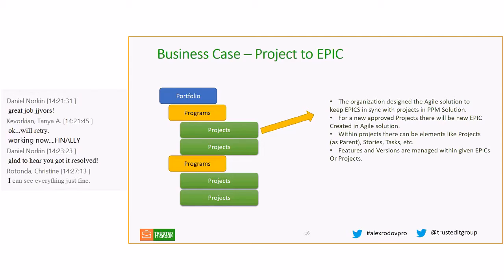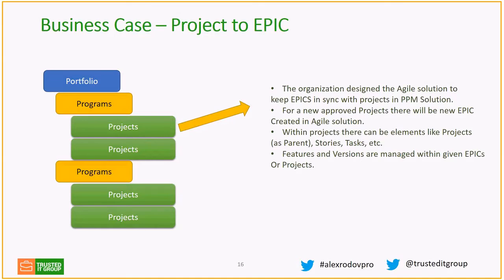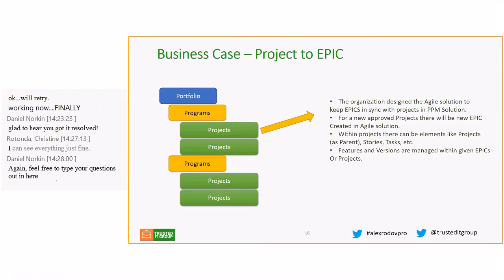At some point someone said, okay, let's at least put epics in order. Let's organize our epics so we can combine them into one project in our PPM system, where we need to control actuals, the budget, vendors, SOWs, etc. So basically at this point we're linking to epics. For new approved projects, a new epic will be created, and everything goes under an epic.